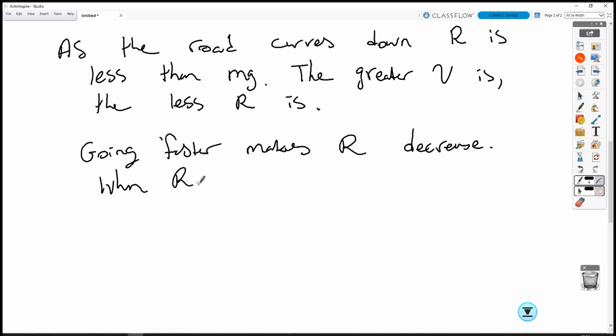When R becomes 0, you have lost contact with the road. You are now no longer attached to that road. Your normal reaction is 0 because there's no contact, and you take off like a projectile.